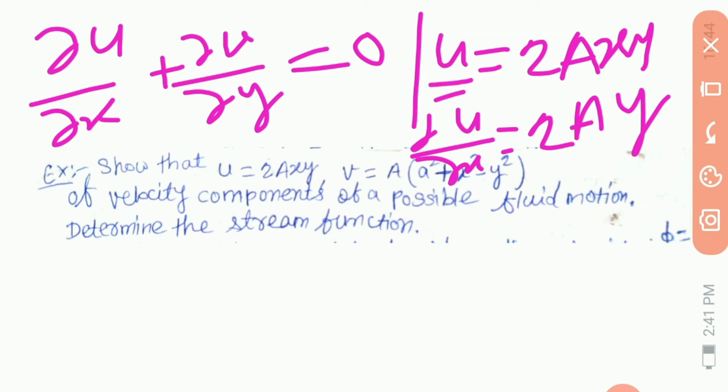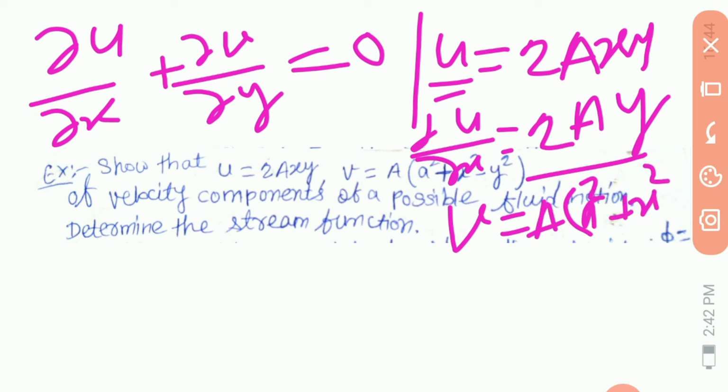We differentiate this with respect to x, so we get 2ay. And we also have v. V is a in bracket a square plus x square minus y square. We differentiate this with respect to y. So what do we get?